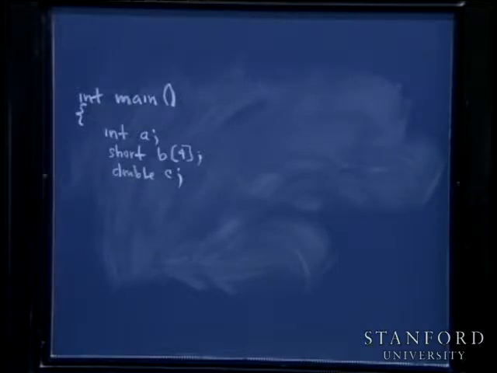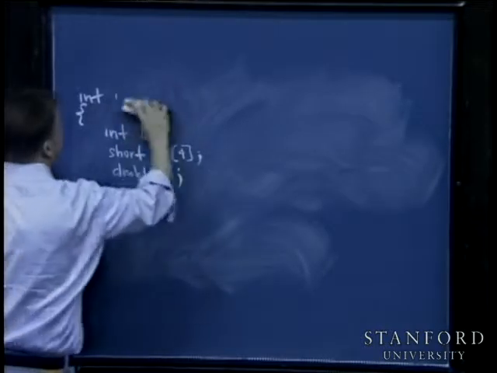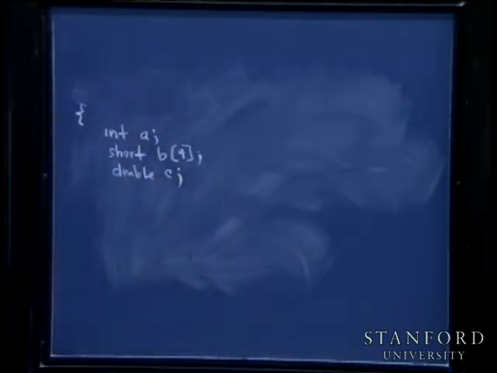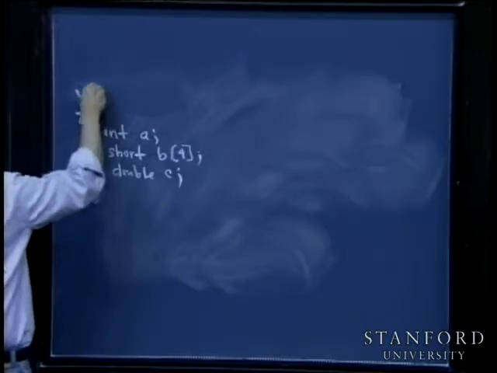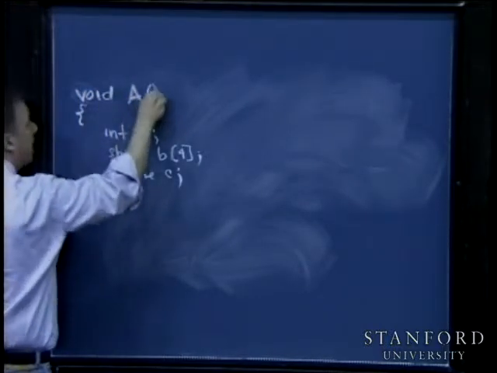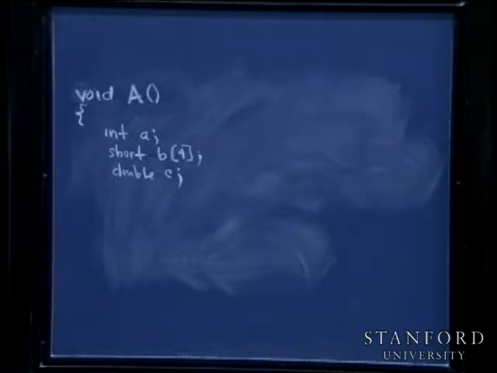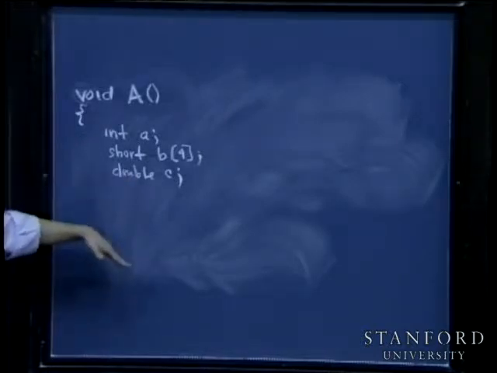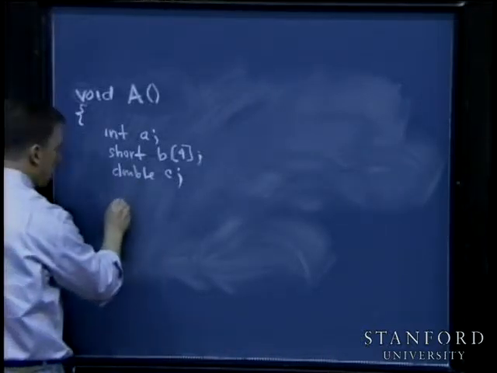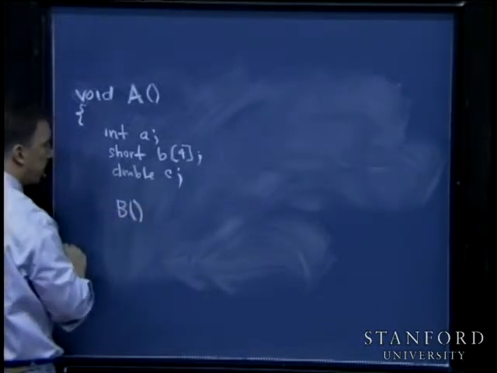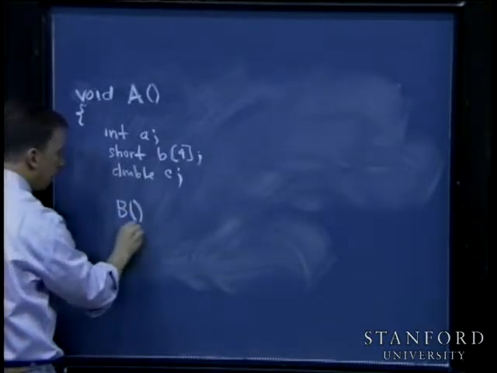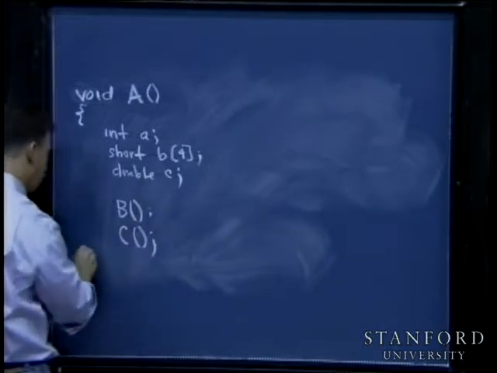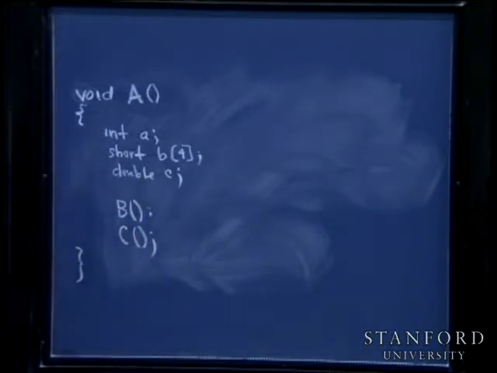Actually, I don't want to call this main. Let's keep it nice and simple and just call it the a function. All the implementation of a does is it calls b, and it calls c afterwards, and then it returns. I'm not concerned about passing parameters.